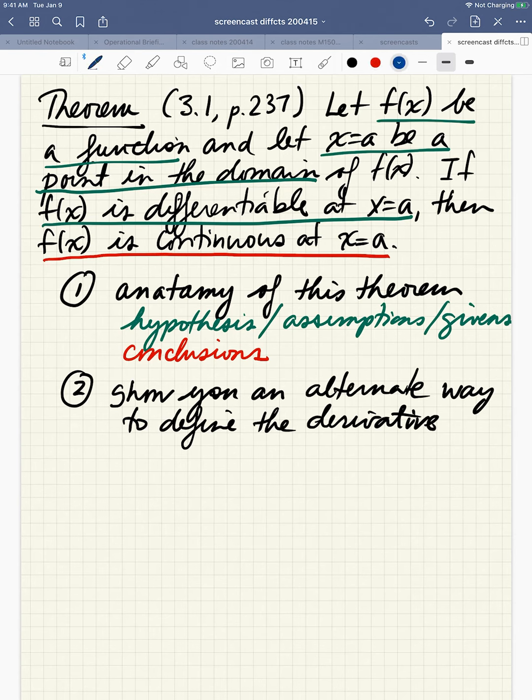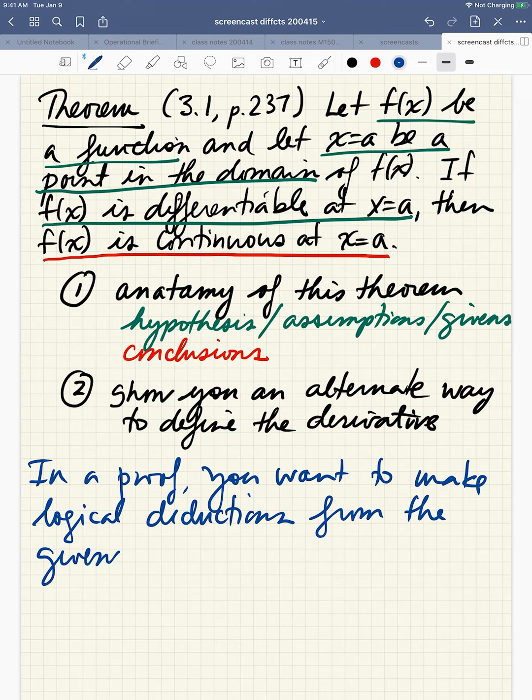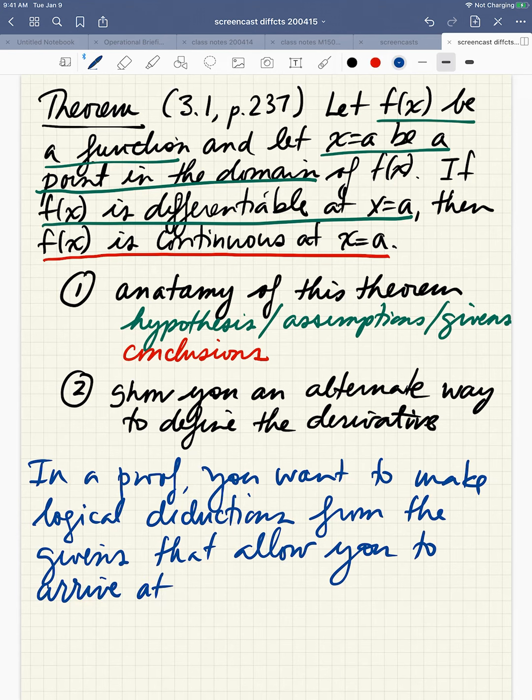And so in a proof, you want to make logical deductions from the givens that allow you to arrive through logic at the conclusion.